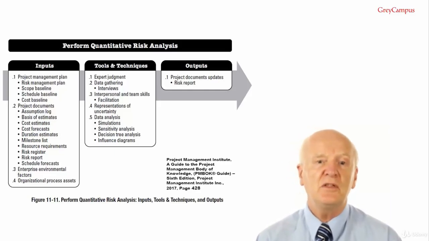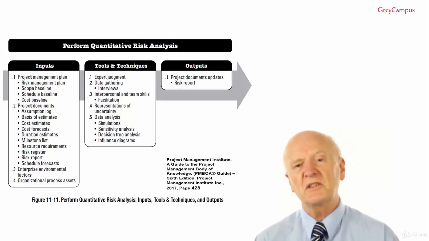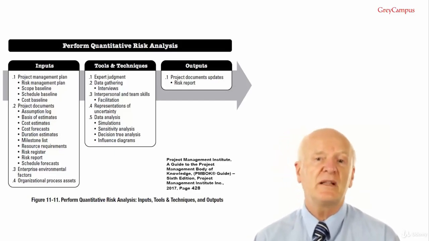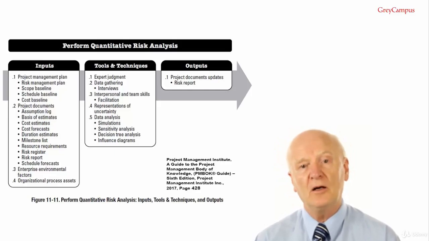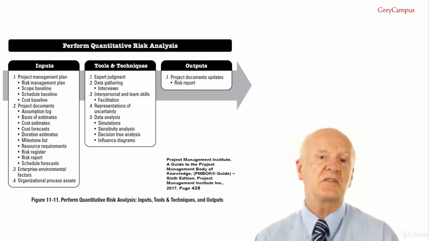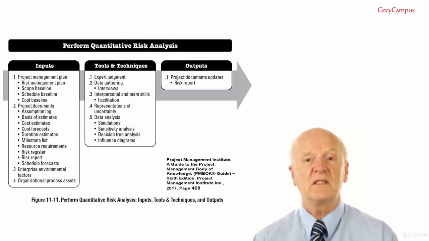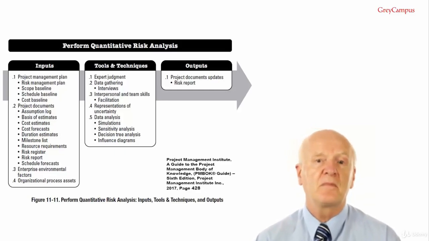Prioritized lists of individual project risks. This list includes those individual project risks that pose the greatest threats or present the greatest opportunity to the project, if we're thinking in positive terms, as indicated by sensitivity analysis. There are also the trends in quantitative risk analysis results.